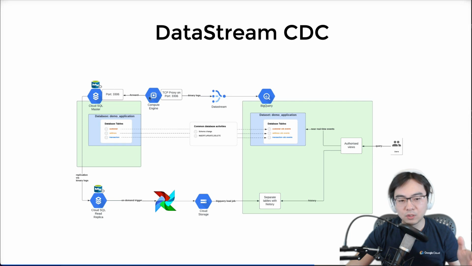Once you've got the TCP proxy set up, then Datastream is able to gain connectivity via the proxy into the Cloud SQL database, where the binary log can be accessed. That database basically does its thing, and then automatically creates the table and starts replicating the data. This is what happens on the right hand side.